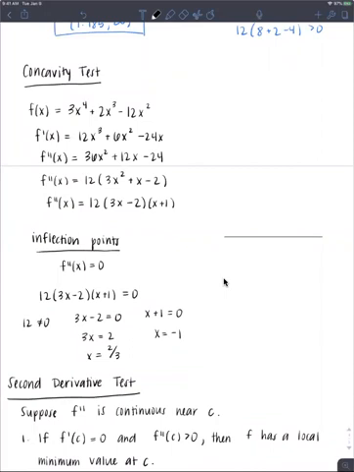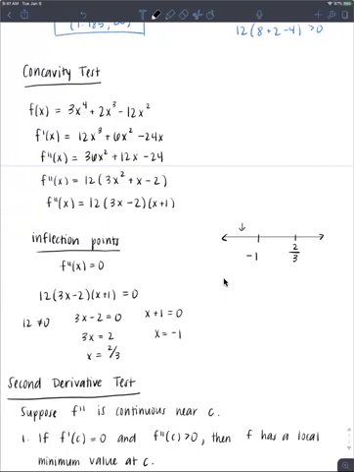And so I'm going to do something very similar to when I did the increasing decreasing test, right? I'm going to have this line here, and I'm going to put my inflection points on it. And so I have -1, and I have 2/3. And so I basically just need to test 3 points now.